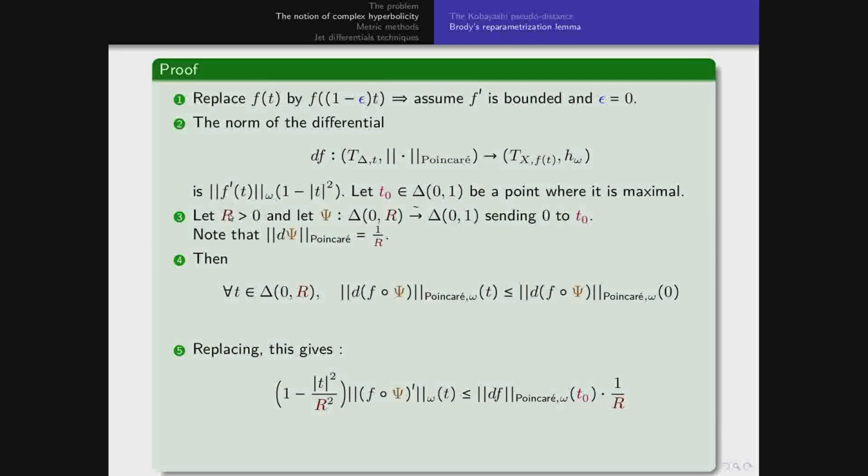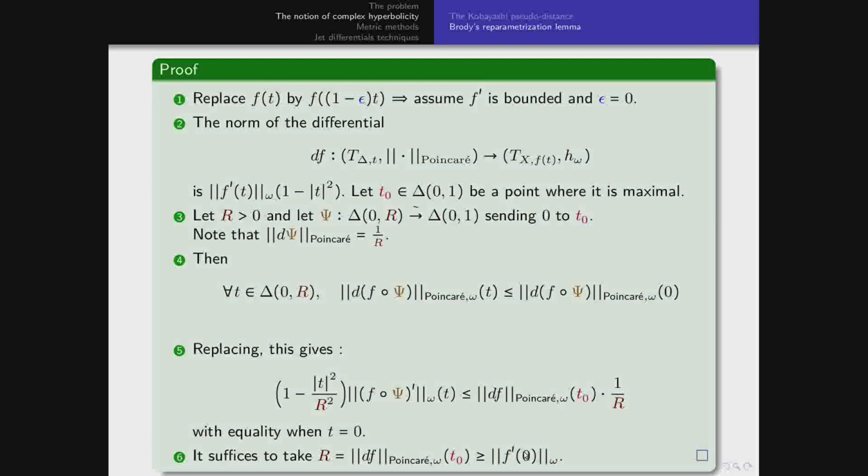And now you can pick R such that the right-hand side is bounded by 1, is actually equal to 1. And it's not hard to see also that you have an equality when t is equal to 0. So as I said, you take R such that the right-hand side is equal to 1. So this is the quantity you have to take. And by our choice of t0, this quantity is higher than this quantity when t is equal to 0.